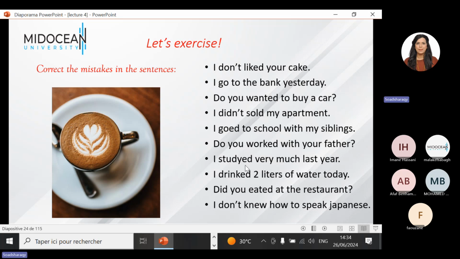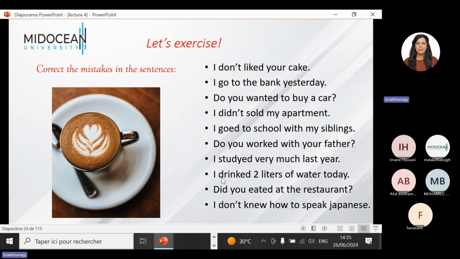How do you spell I studied, in the simple past, verb to study? Studied. The ending is -IED. So I studied very much last year, okay?